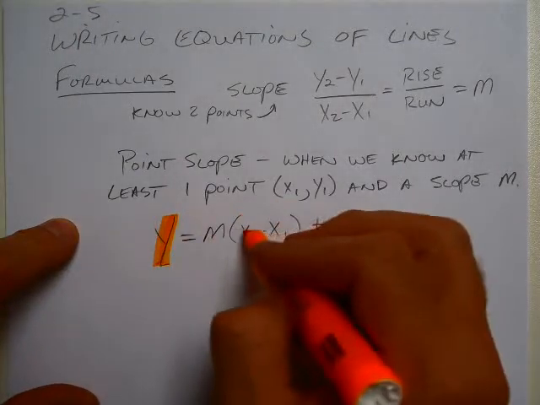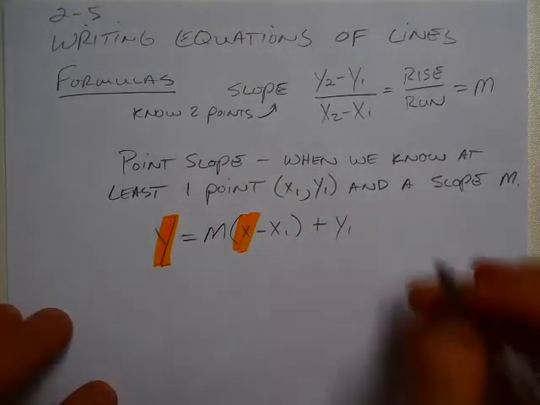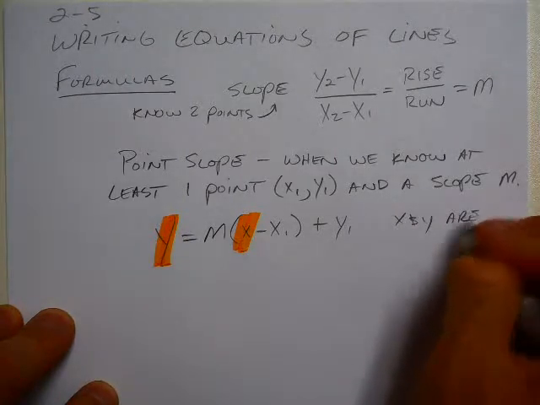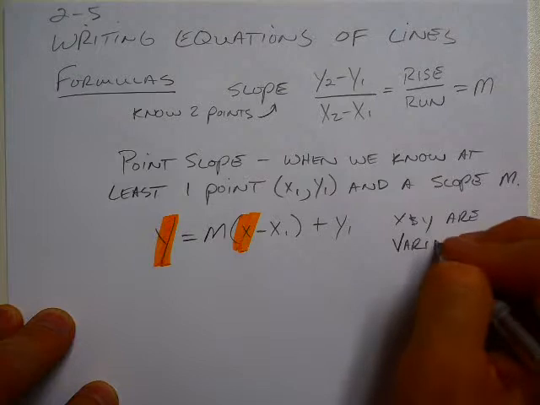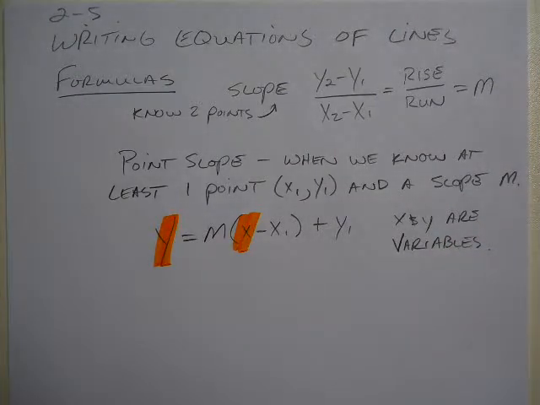The x and the y are variables. Everything else is known. So they stay x and y, this y and this x.